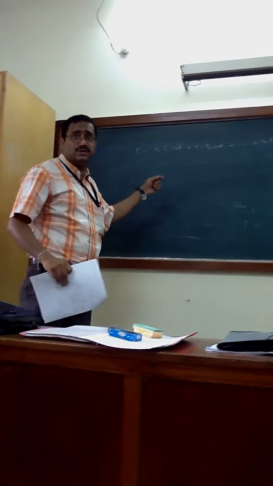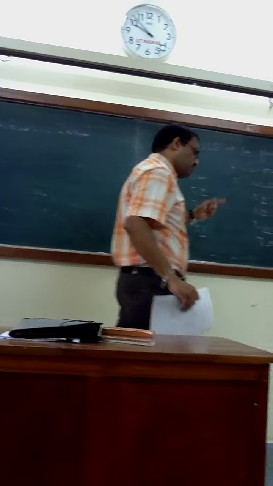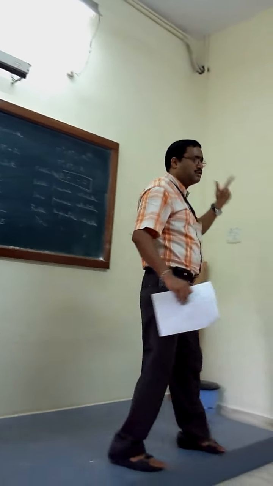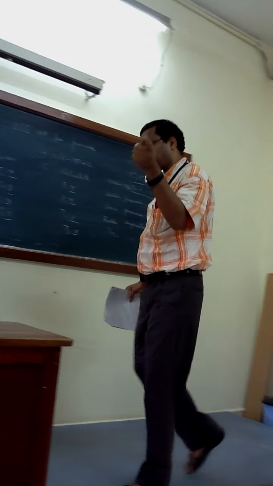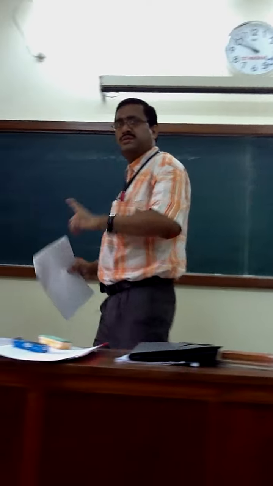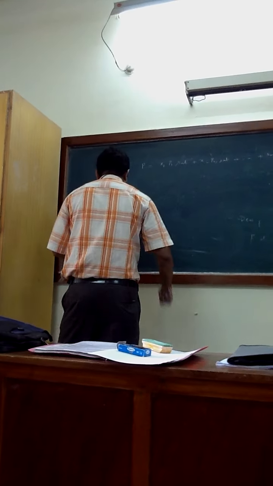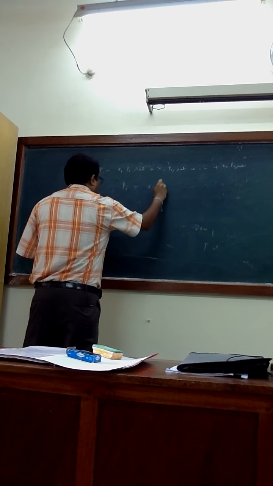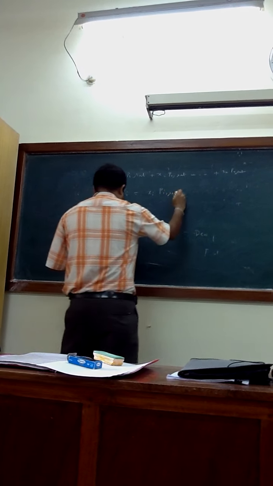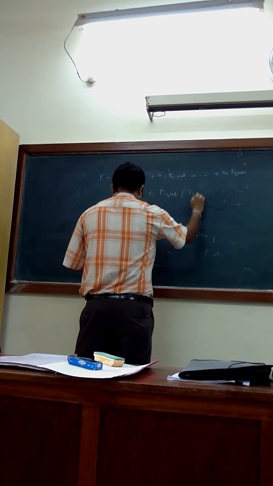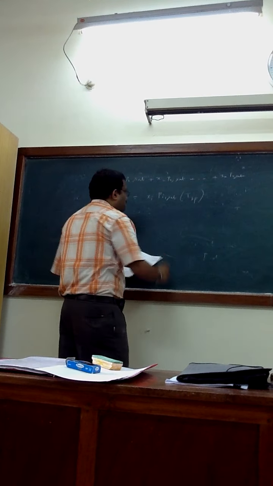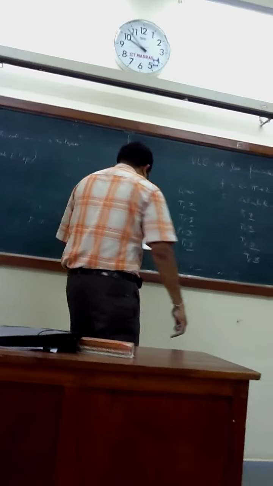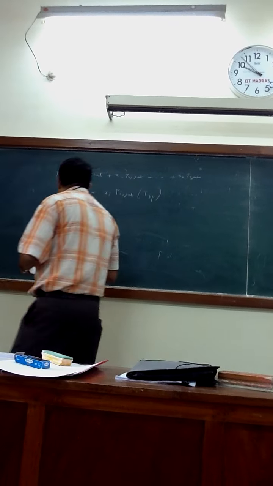From Raoult's law we can prove it: y1 P equals x1 P1 sat, y2 P equals x2 P2 sat, and if you sum it up, you get Dalton's law, partial pressure. P is nothing but the summation of xi Pi sat, right? At the bubble point temperature, the total pressure is given by this.